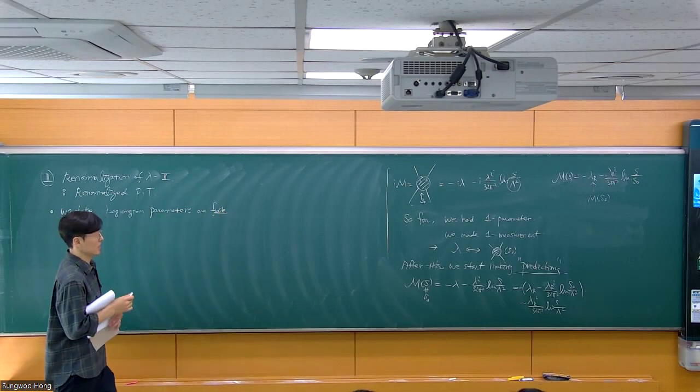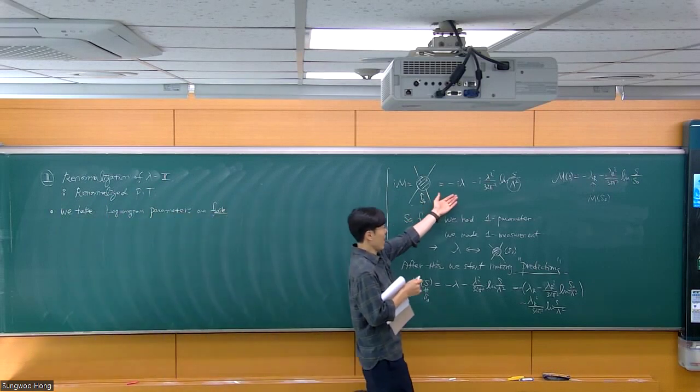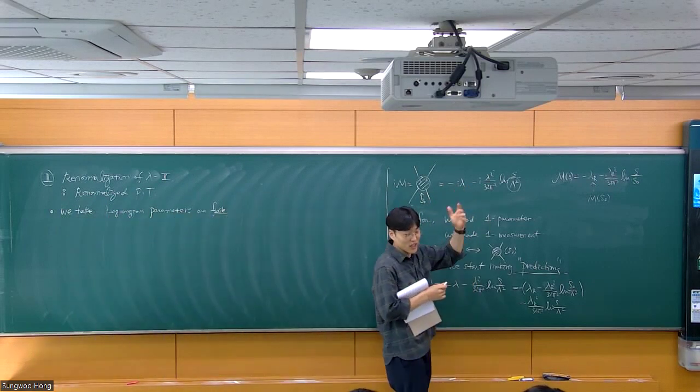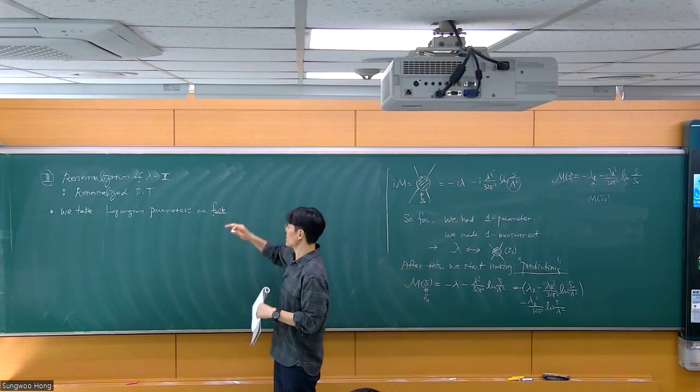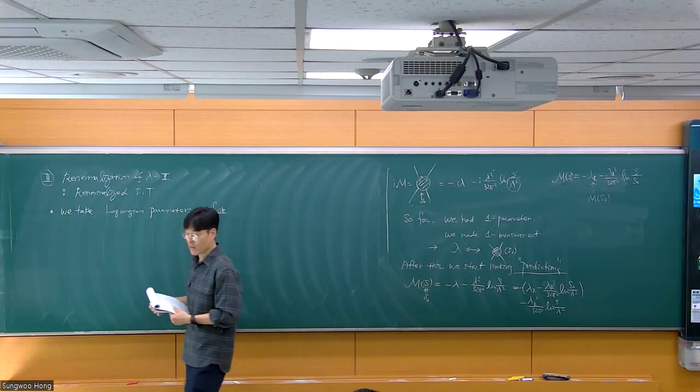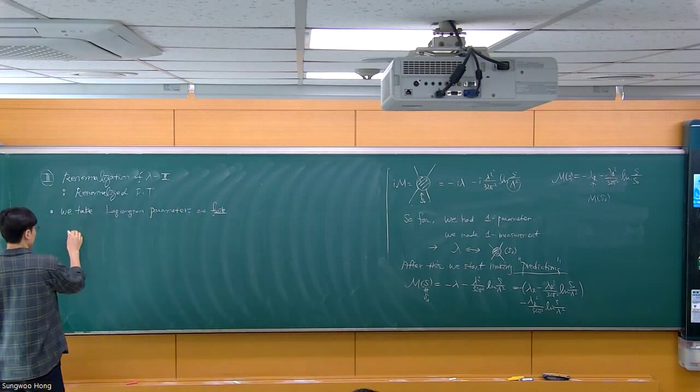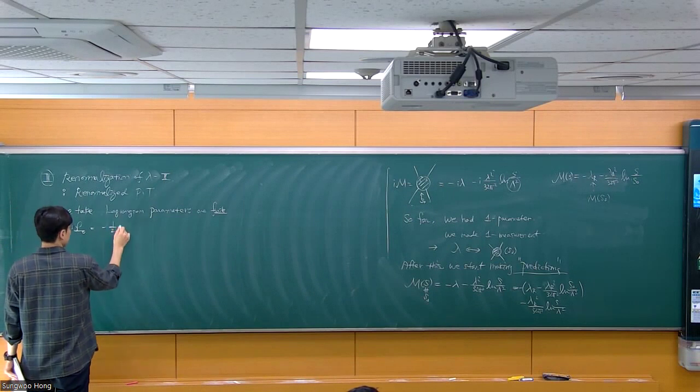Okay, so previously we said this guy somehow plays out and changes its own UV sensitivity according to the calculation. But here, this is just a number, of course. This is usually how it is taught in QFT. So let's again take the same theory.